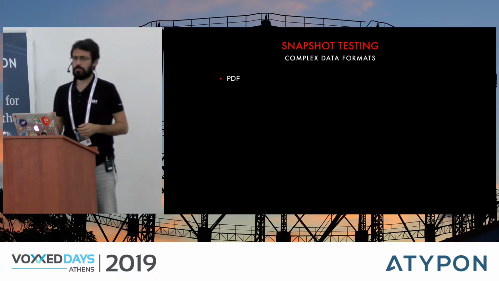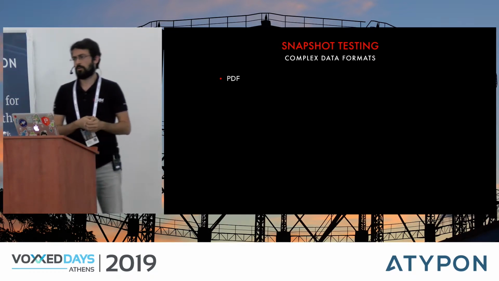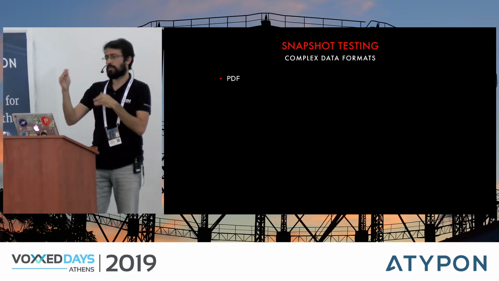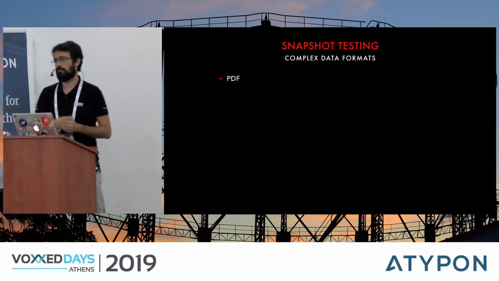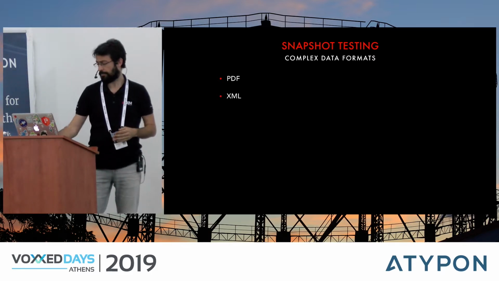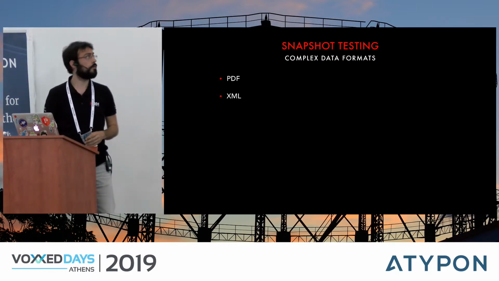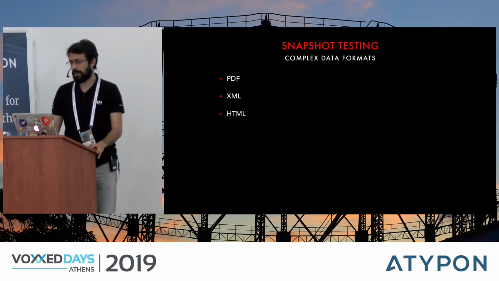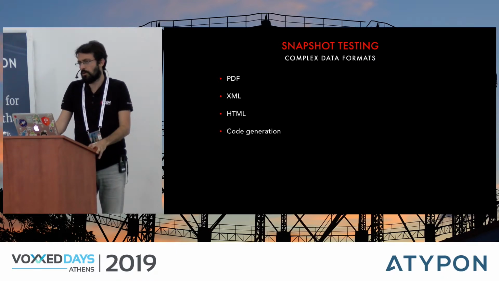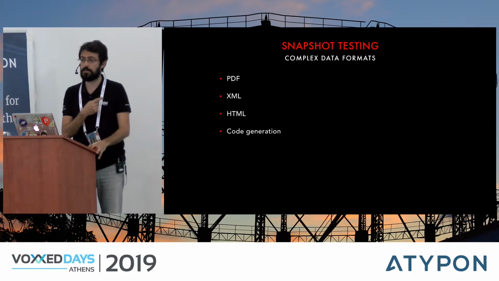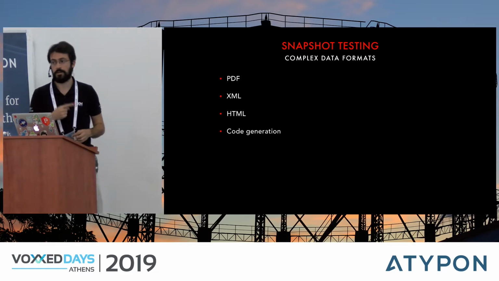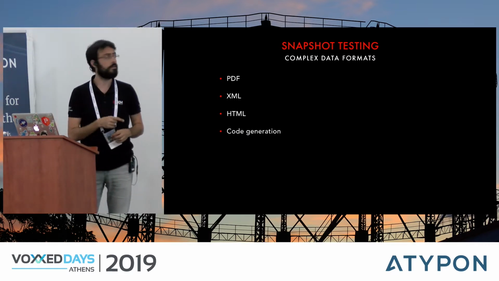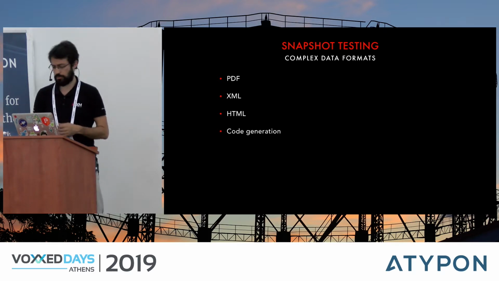But instead, you could use snapshot testing. You could generate an image out of the produced PDF and use that to test everything all at once. The same is true if your program produces XML, HTML, or even code. And in the latter case, you can actually use the compiler as well to further validate the correctness of the generated snapshots.